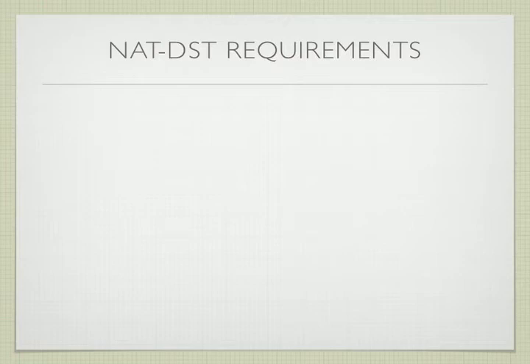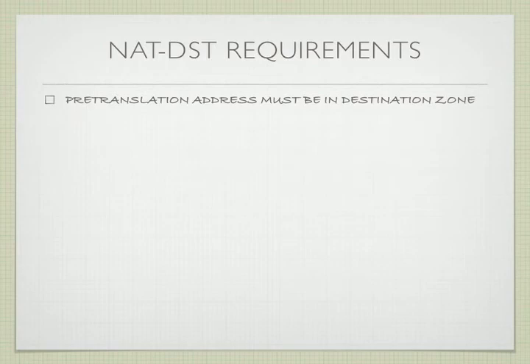Okay, so here are requirements in order to set up this inbound one. When you're creating the policies, pre-translation address, that means the address that's actually used in the request that's hitting the firewall.